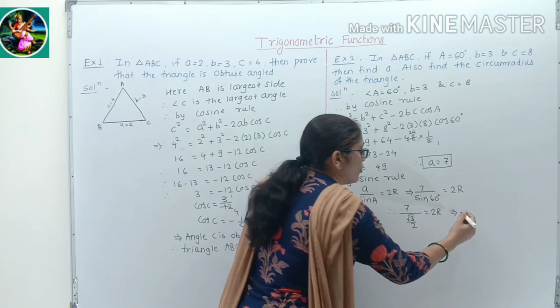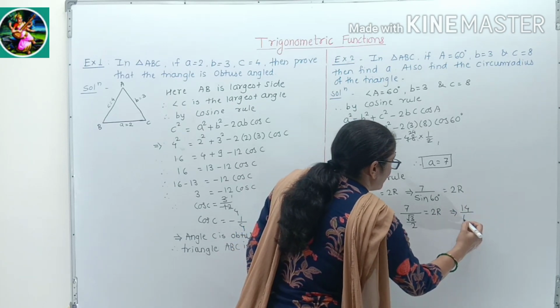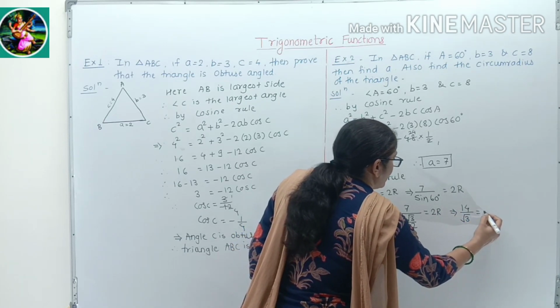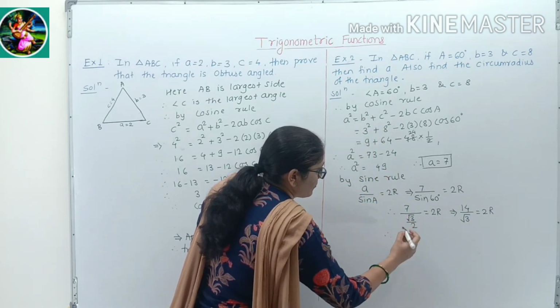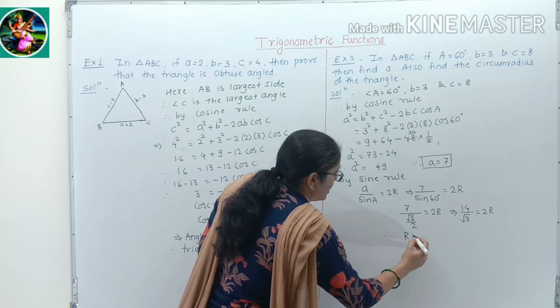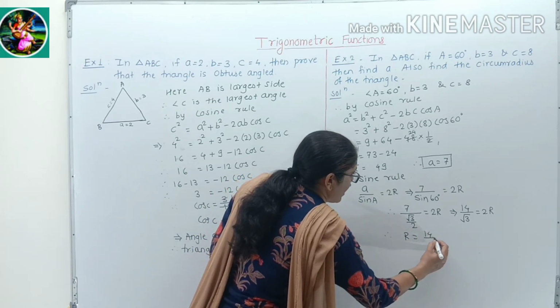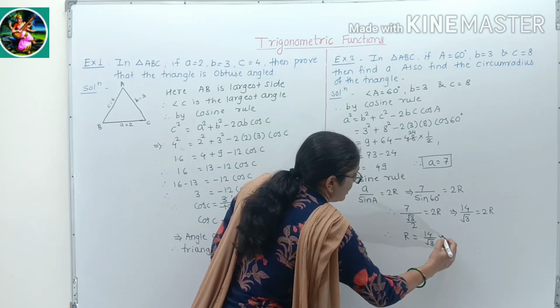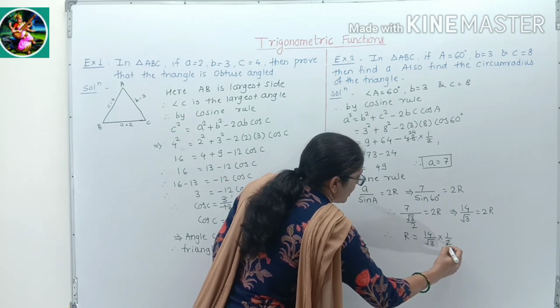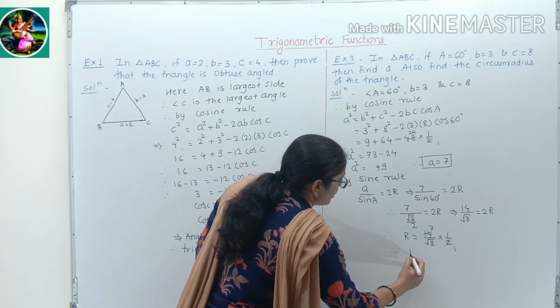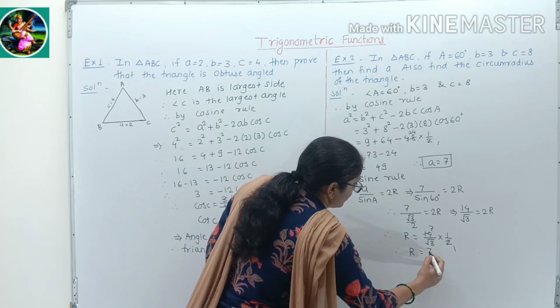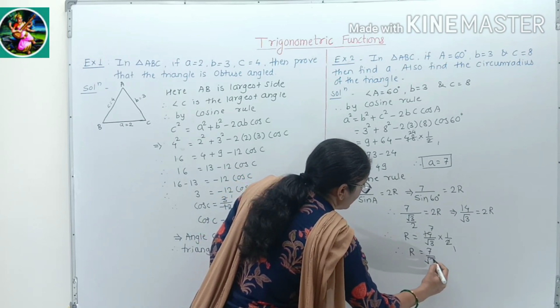That is 14 divided by root 3 is equal to 2R. Therefore, R is equal to 14 divided by root 3 into 1/2, that is R = 7 divided by root 3.